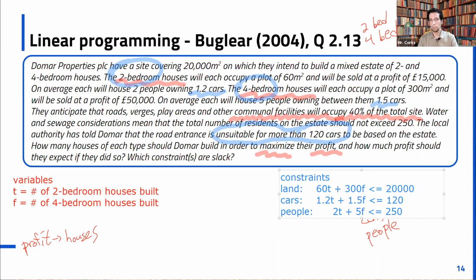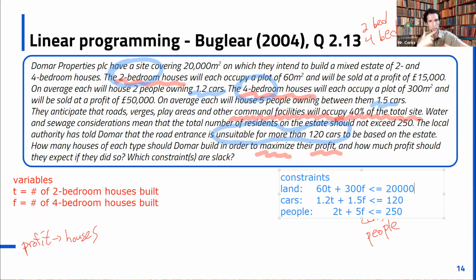So that seems like it's the right number, except we have this 40%. So what can we do with that? 20,000 minus 20,000 multiplied by 0.4? Yes.